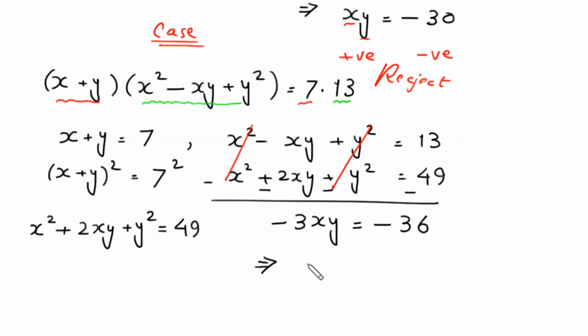This implies that xy is equal to 12, and from this equation x plus y is equal to 7.